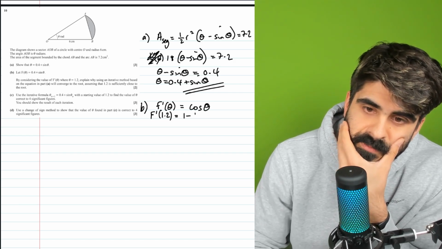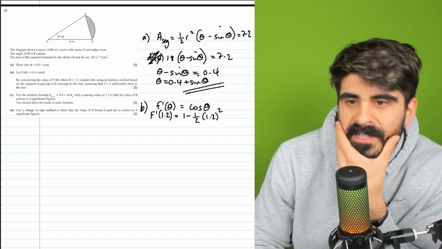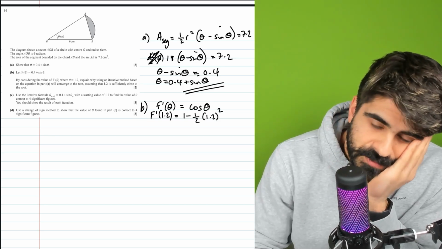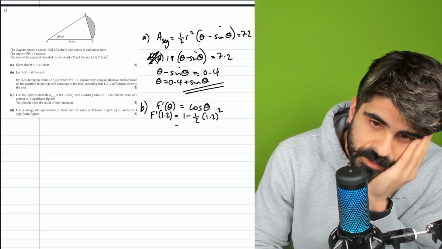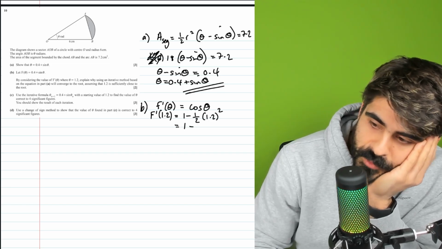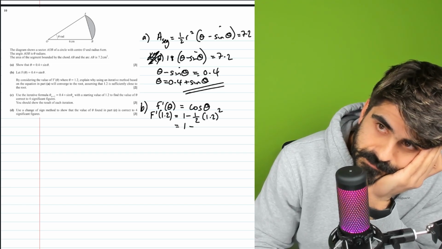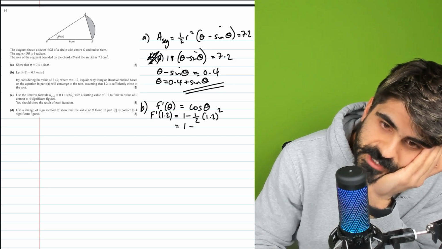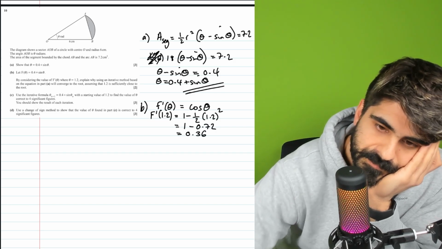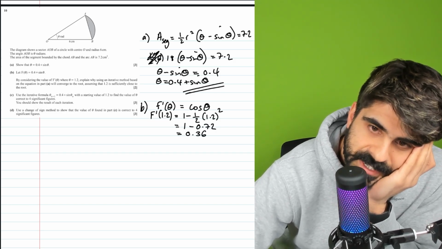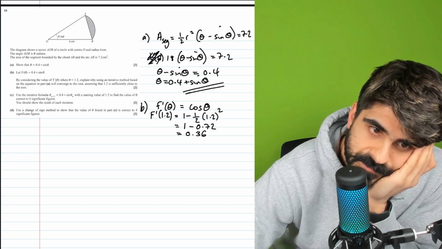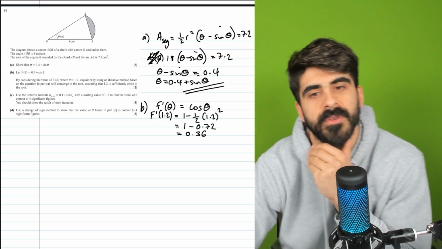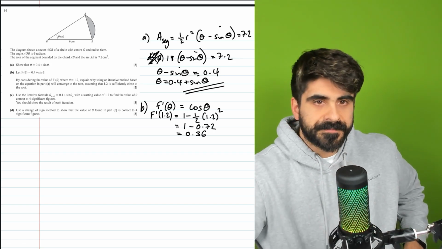Can I just do small angle approximation so I can see a bit better? So that's 1.2 squared, that'll be 1.44, half of 1.44. Wait, what's half of 144? 0.72? Why is that significant? Why does that mean it will converge to the root, assuming 1.2 is sufficiently close to the root?